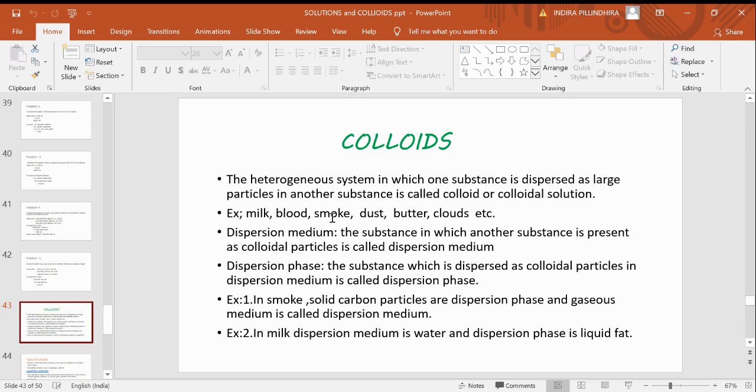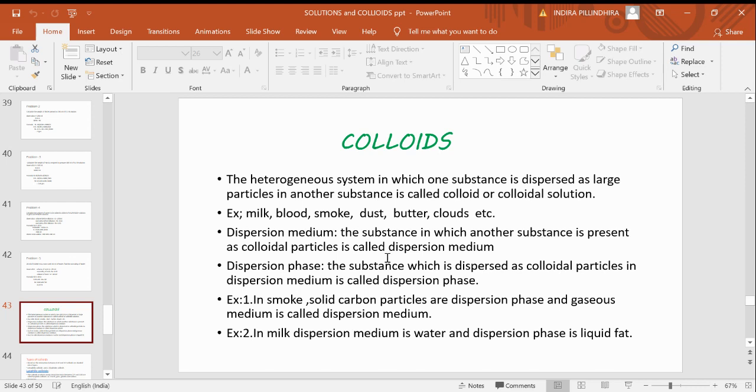Here in smoke, the carbon particles are dispersed in the gaseous medium. So the colloid contains two components, the dispersion phase, DP, and the dispersion medium, DM.